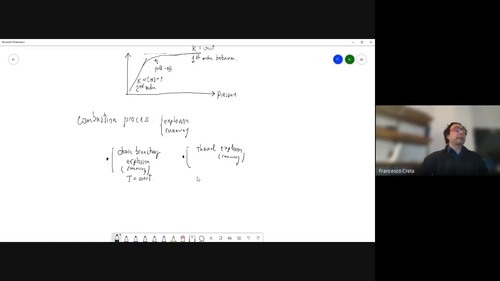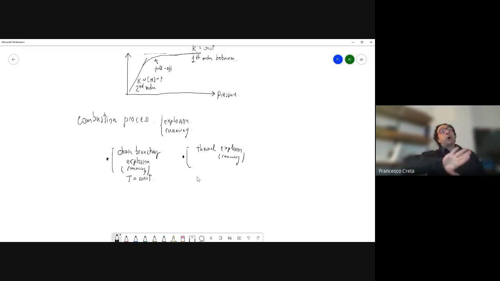Clearly the temperature is not constant unless you're actually taking heat out of the system in the right amount so that the temperature will stay constant. So there's some other mechanism whereby the explosion occurs in chain branching, and it's in fact the proliferation, the rapid buildup of intermediate species. That's what we're going to be seeing right now through the chain. Not right now because we finished the time.